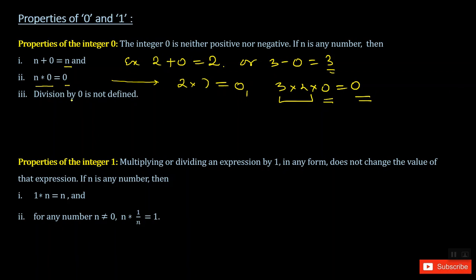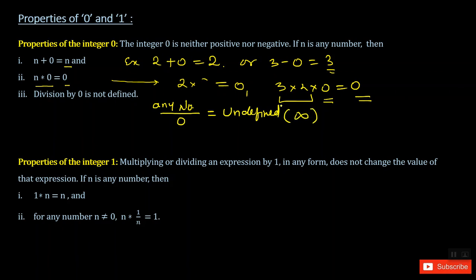Another thing, division by 0 is not defined. The important point here is, I can say any number divided by 0 is undefined, or in simple words we say it's infinity.